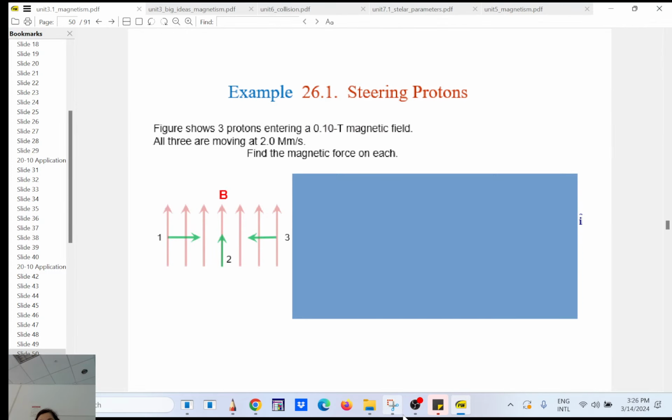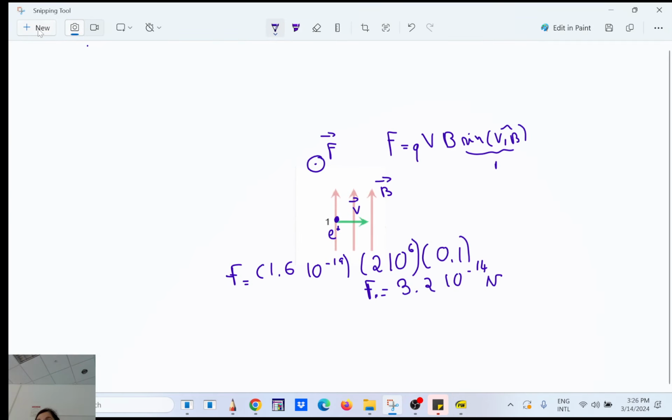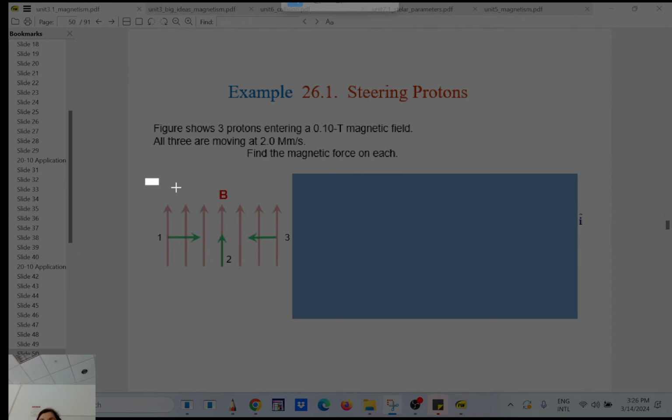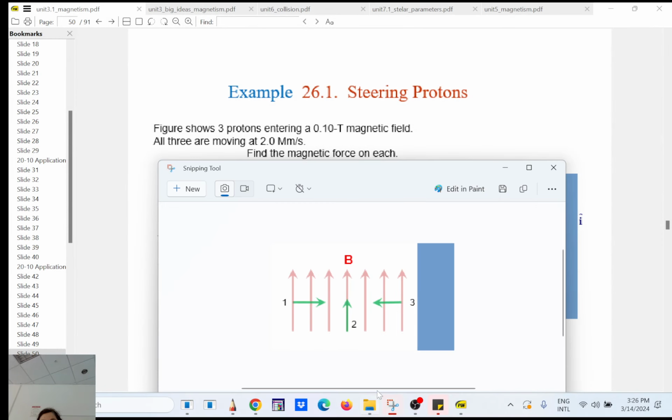In that case, the force will be the same in magnitude. Do you agree? For number 3, except it will be in the screen. So here you have a force in the screen, and then you have a force towards you. And what's going to be the force here? 0. There is no force.